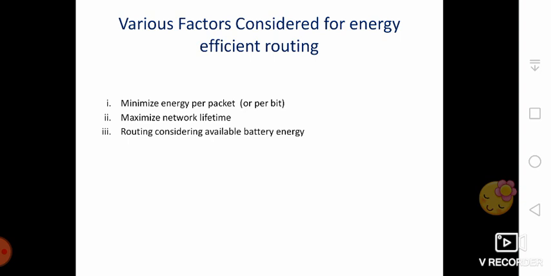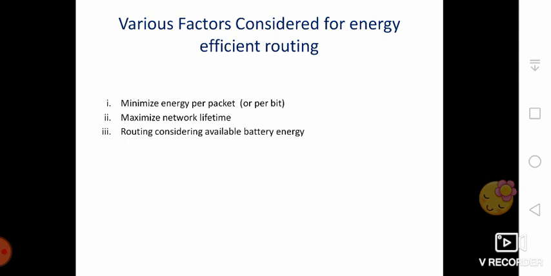Then the third one is routing considering available battery energy. While maximizing the network lifetime is clearly a useful goal, it is not immediately obvious how to reach this goal using observation parameters of an actual network, as the finite energy supply in nodes' batteries is the limiting factor to network lifetime.